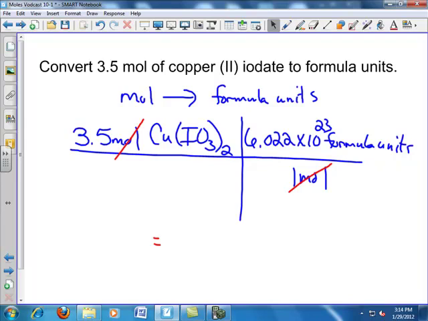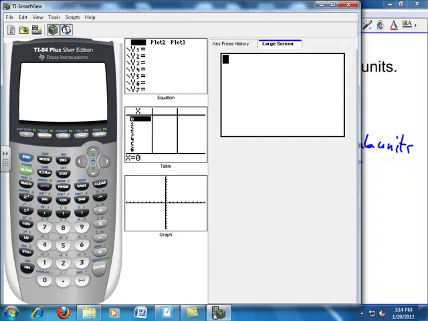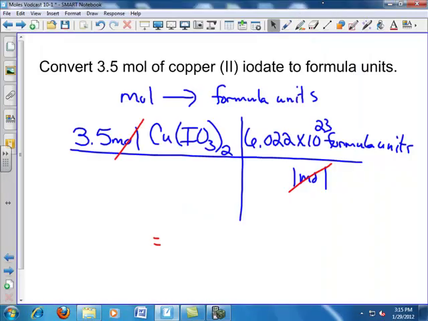Okay, and again, I could show this with the calculator. So I'm going to take 3.5 times 6.022 exponent 23rd, and you get 2.1 times 10 to the 24th.